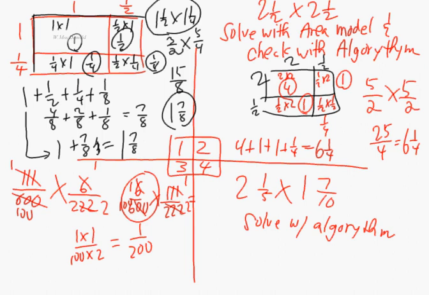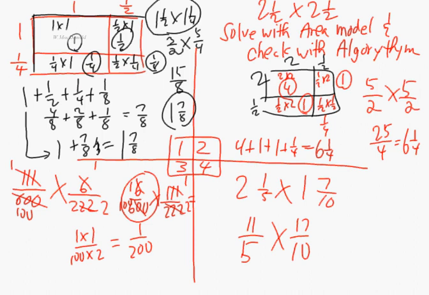And the last question says solve using an algorithm. When you multiply any mixed fractions, our goal is never multiply mixed fractions. Always change them to improper. 2 1/5 is really 11/5, same value. 1 7/10 is really 17/10. Check for cross reduction. Is there anywhere you can cross reduce in this?